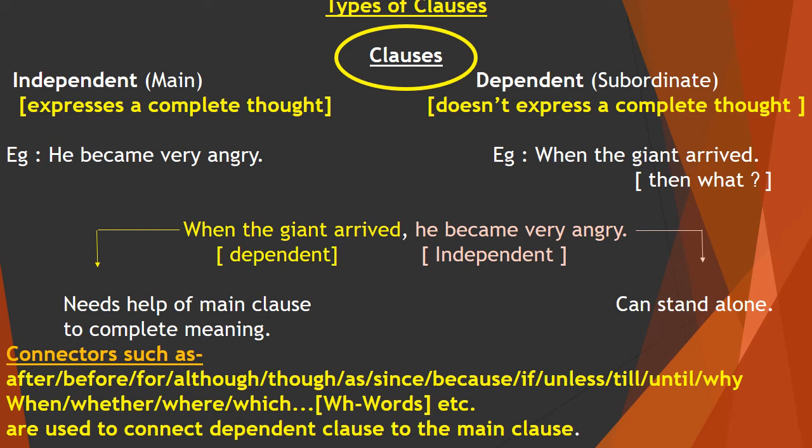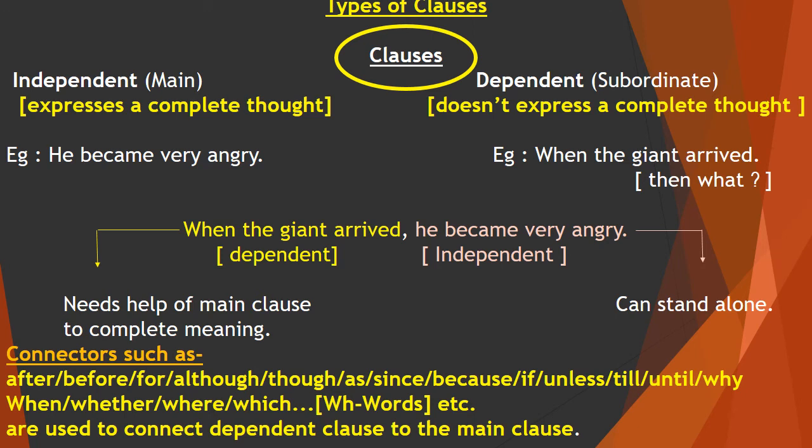So this dependent clause takes the help of the main clause to convey a complete information. Now if we join one independent and one dependent clause, then it is a complete sentence. When the giant arrived, he became very angry.